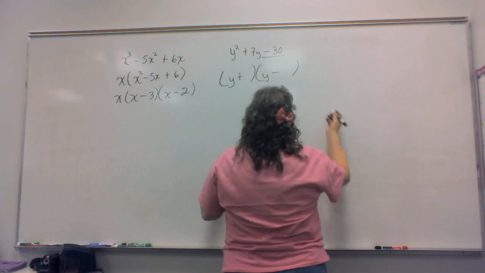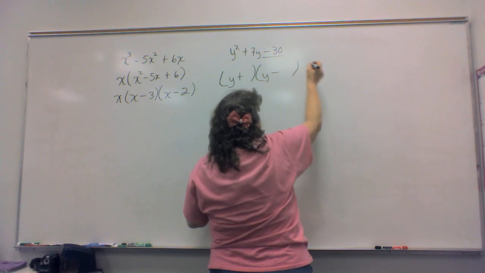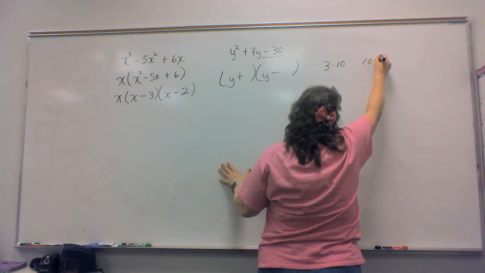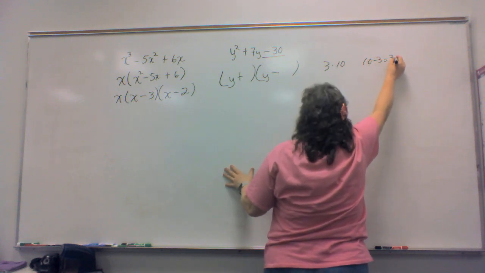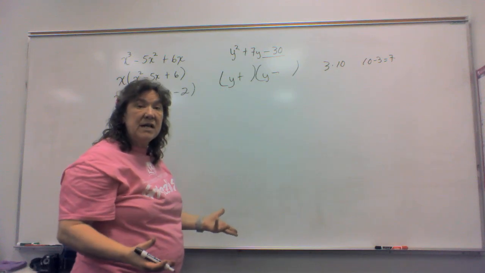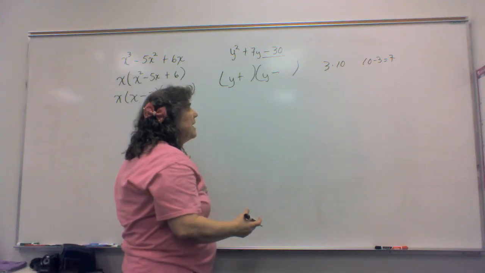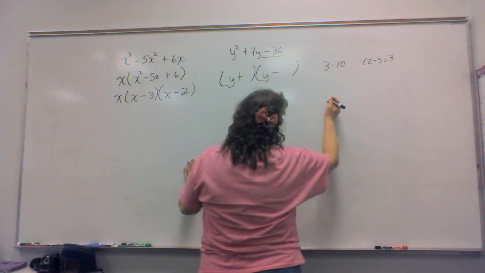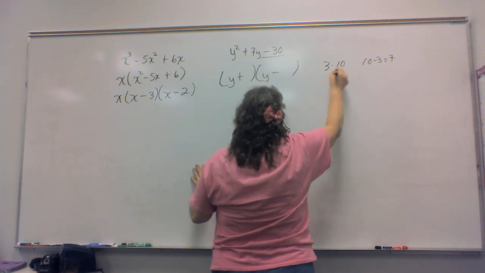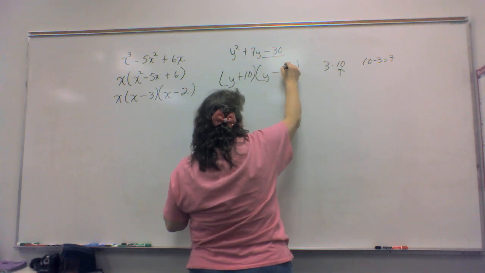So, I see right away 30 is a 3 times a 10. And 10 minus 3 is equal to 7. Exactly what I need. Therefore, 3 and 10 are my two factors, and as I look at it, 7 is positive, so 10 has to be positive, and 3 has to be negative.